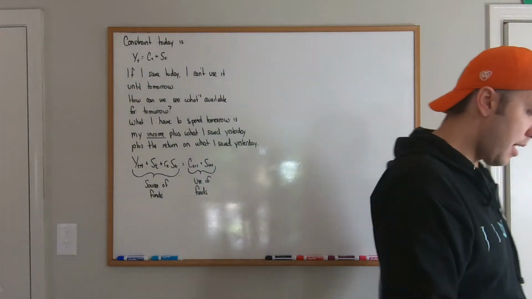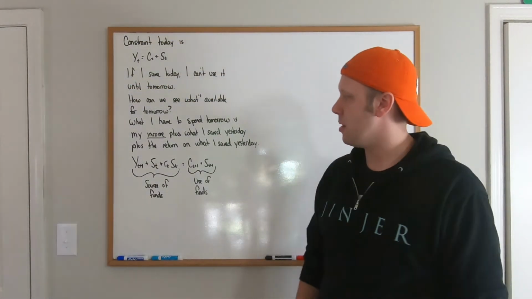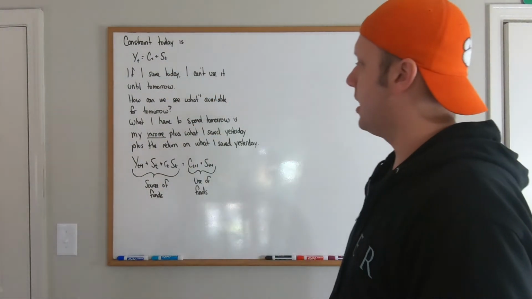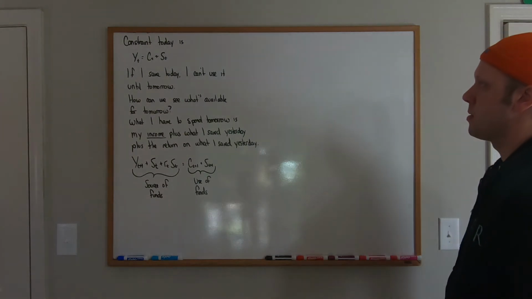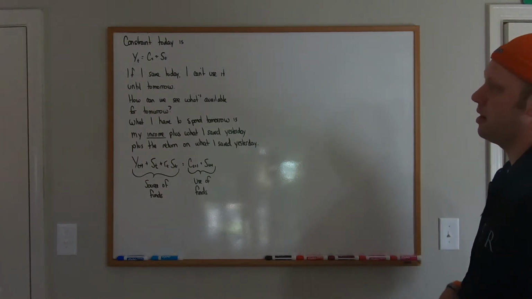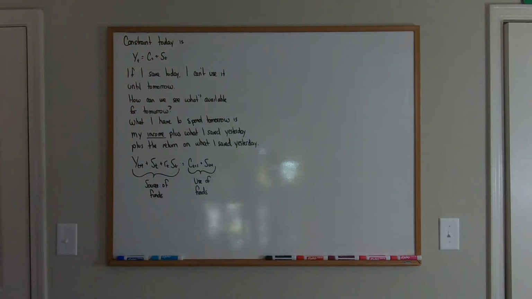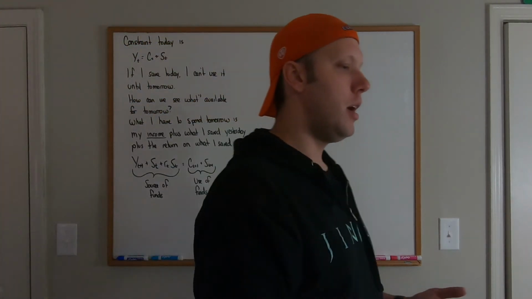So if I can lend that money out to somebody, where S gets lent out, well, we can also think on the flip side of that. If I lend that money out to somebody, somebody else is going to borrow it, right? So if somebody else borrows it, for that period, they're actually spending more than what they earned. But next period, they can't spend more than what they earned because they have to pay back what they borrowed in the first period.